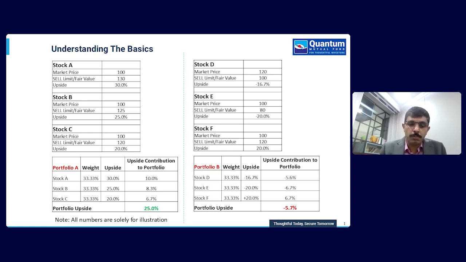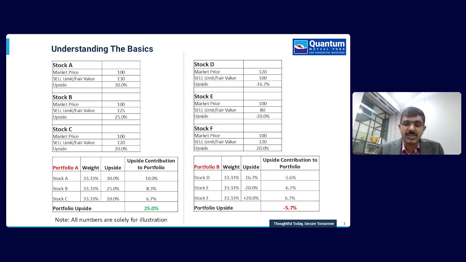So when you multiply the weight of a stock in the portfolio by its potential upside, you would end up with a number which would be that particular stock's contribution to the portfolio upside over the forecast horizon. In case of Quantum Long-Term Equity Value Fund, we generally tend to look at a 2 year forward number.